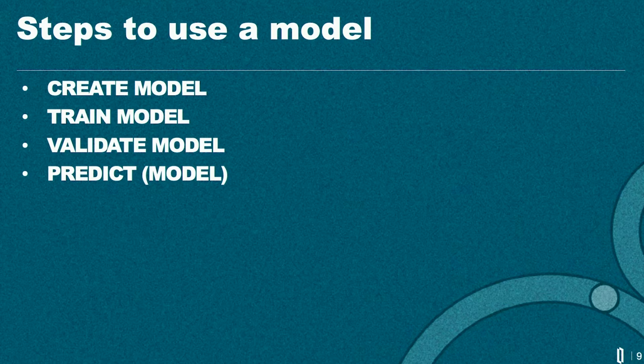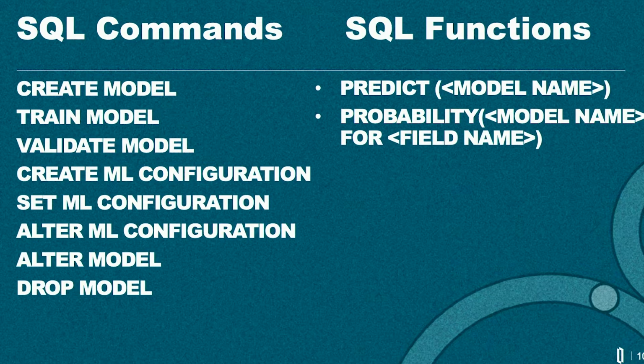Validation is a process where you're trying to find out how much confidence the machine learning provider has in the model that it trained. It gives you some values for you to get that confidence out of that trained model. And then, of course, you go and predict with the model.